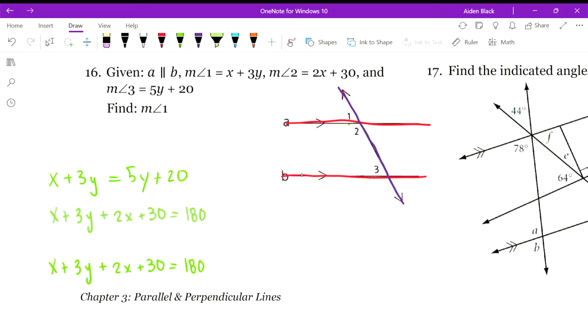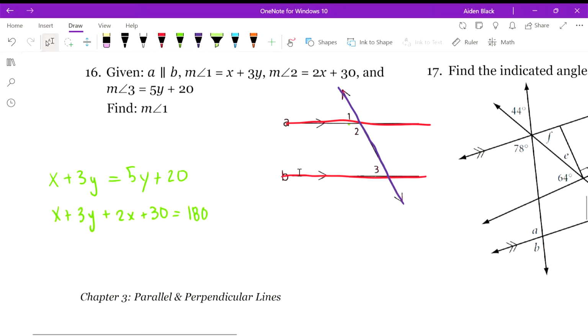So now I have a system of equations. And again, we can solve by graphing, elimination, or substitution. The way that I will do it is, first I'll simplify. I think this first equation would look better if we kept the x on one side but subtracted 3y from both sides. 5y minus 3y is 2y.